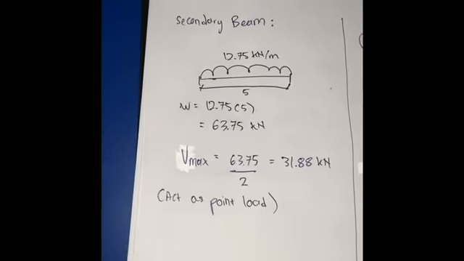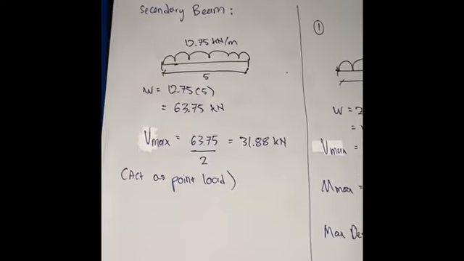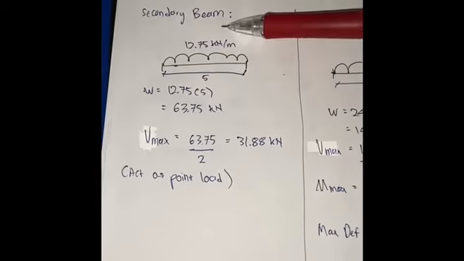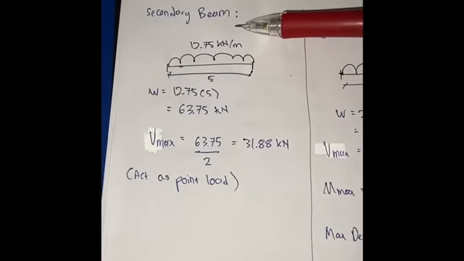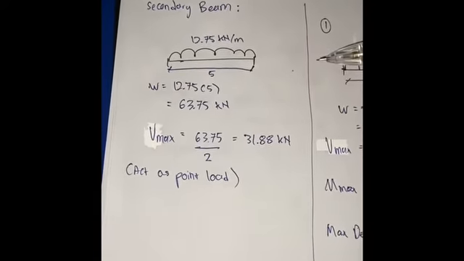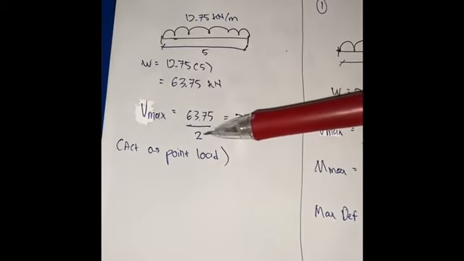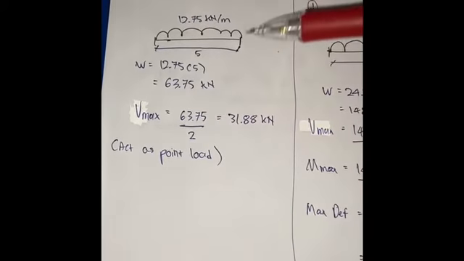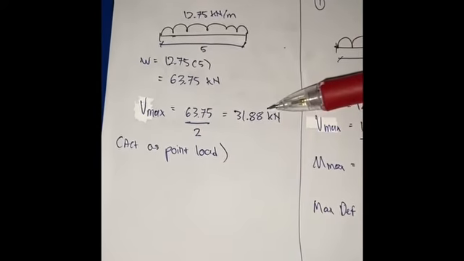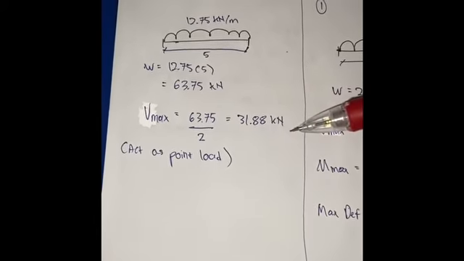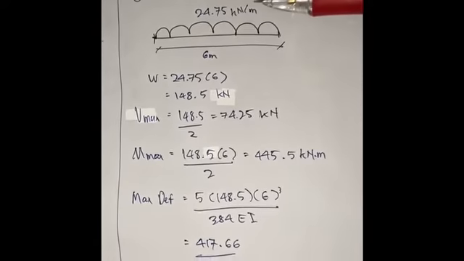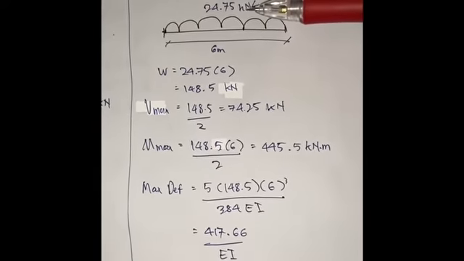So like I said, we must find the secondary beam maximum shear to get the point load on the beam DE. So we just find the maximum shear here using the formula of UDL. So we will get 31.88 kN. After that, we will find the UDL1.